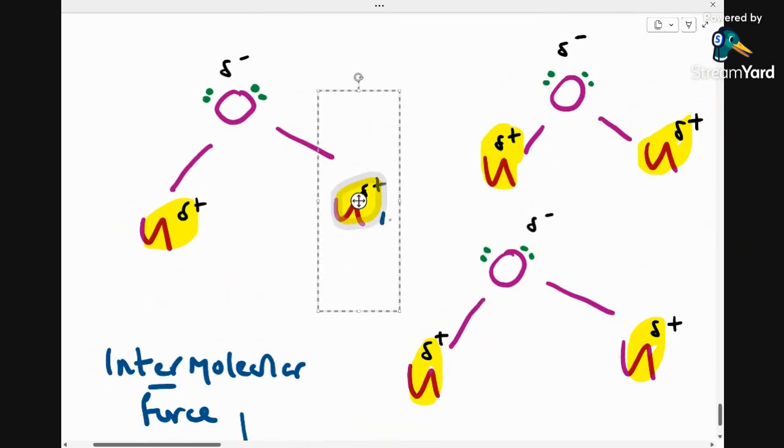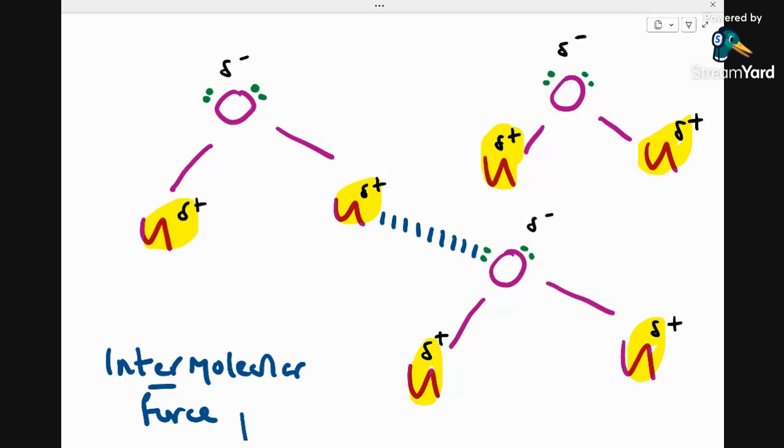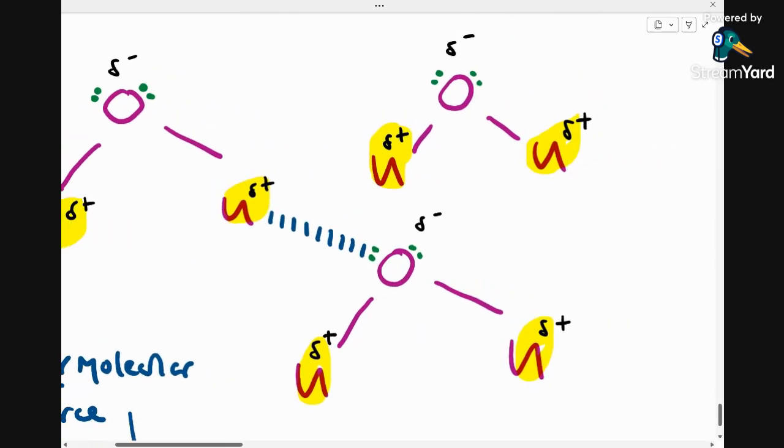So here we go. Our lone pair of electrons on that oxygen, the delta negative oxygen, is attracted to the delta positive hydrogen of a neighboring water molecule. And hopefully you can appreciate that the same thing can happen here. We've got another lone pair on here, and this can therefore attract to this hydrogen in the vicinity.